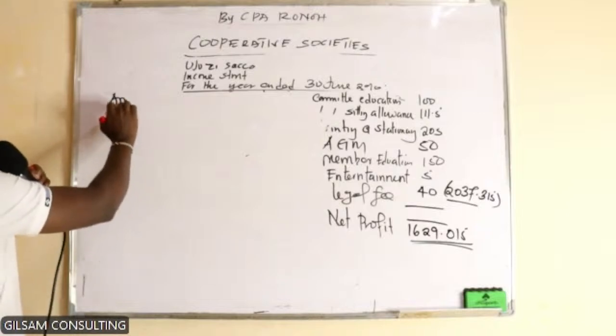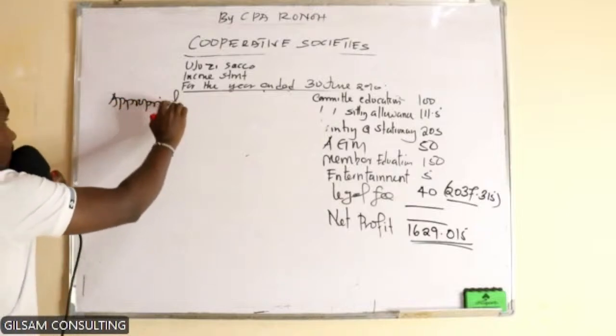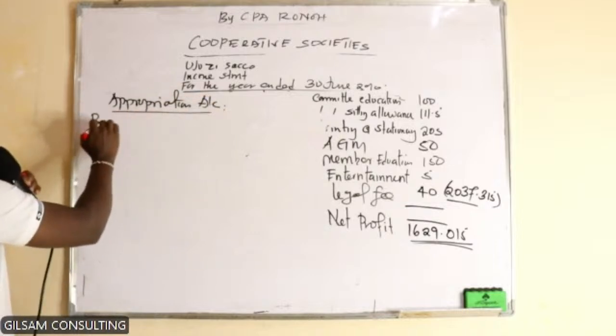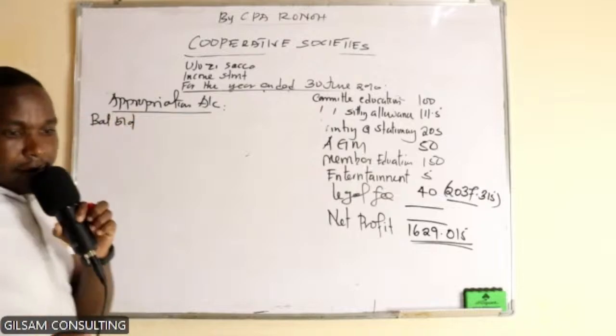So you'll take the appropriation account, which we have balance brought forward. It is in the trial balance.